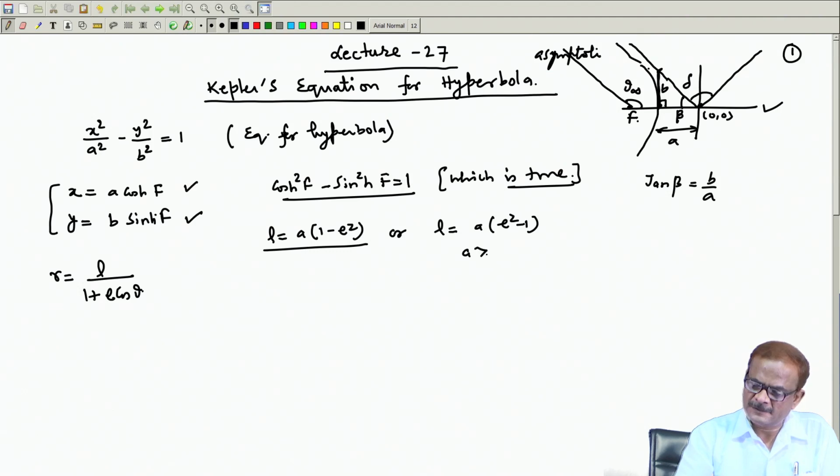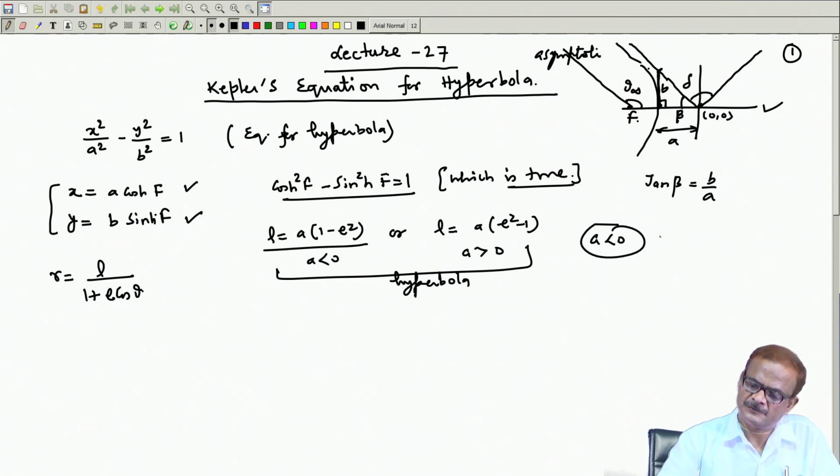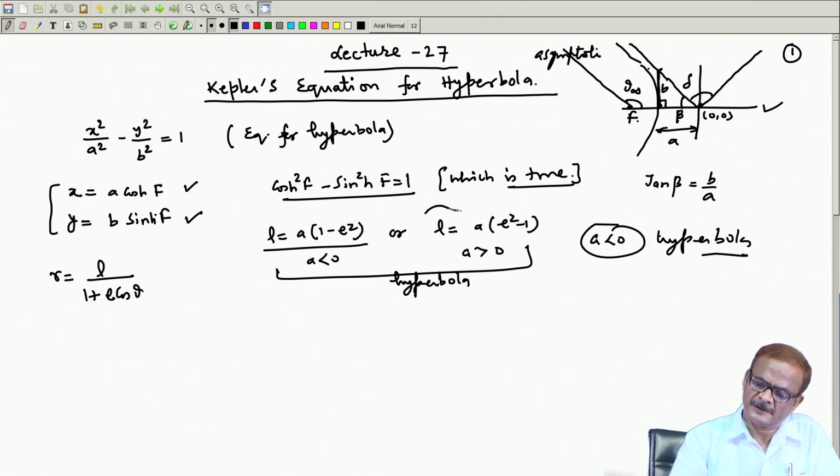In this case a is greater than 0, in the other case a is less than 0, and we are stating it for hyperbola. In the basic definition for hyperbola, a is taken as less than 0, but if you write the equation in this particular way, then you have to describe the semi major axis as a greater than 0.